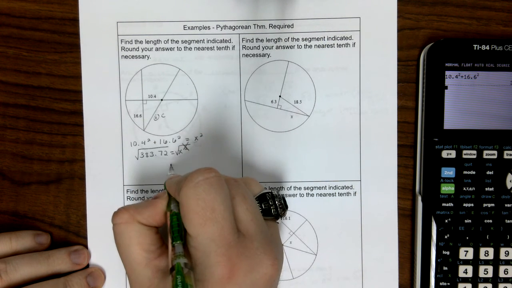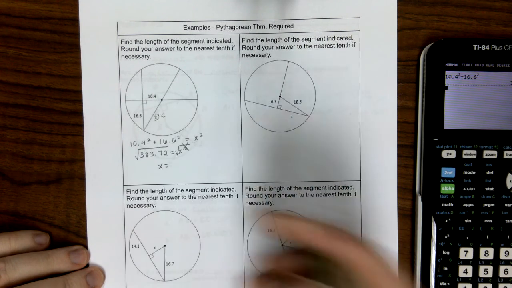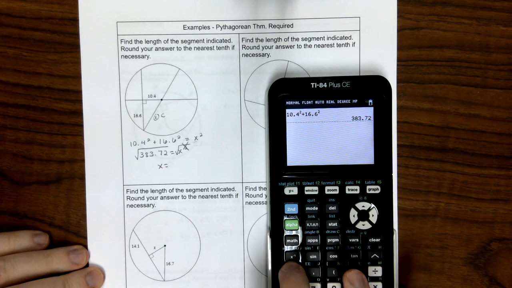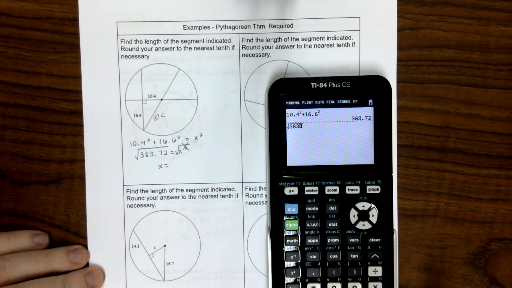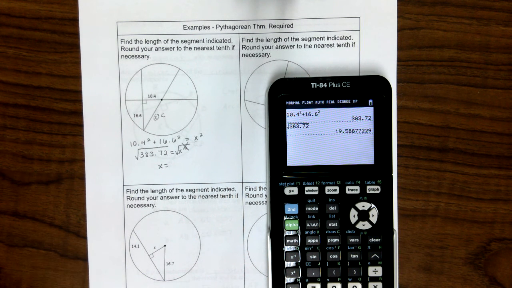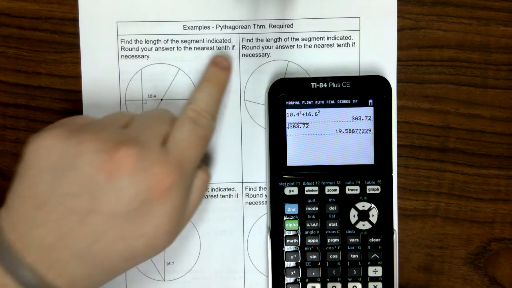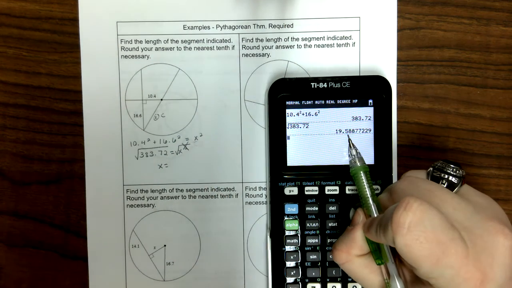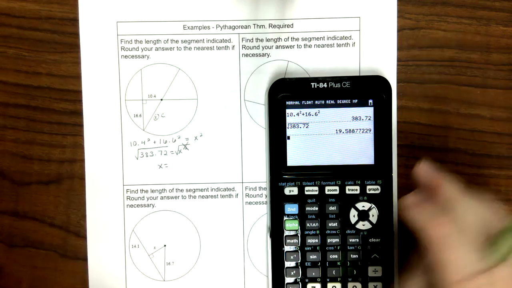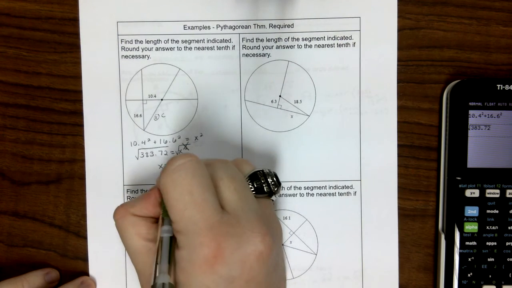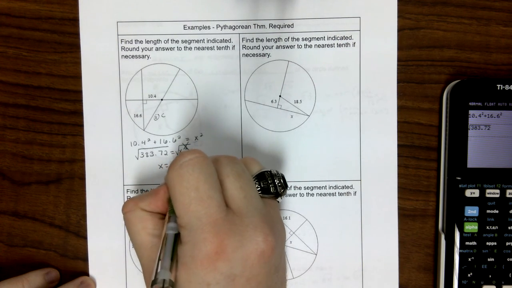That's gone. So then X equals whatever that square root is. So square root 383.72. Now see, this time it's gross, and so we need to round. They told me the 10th, so I'm going to the 10th place. Look behind, that's going to round him up. So this one will become 19.6.